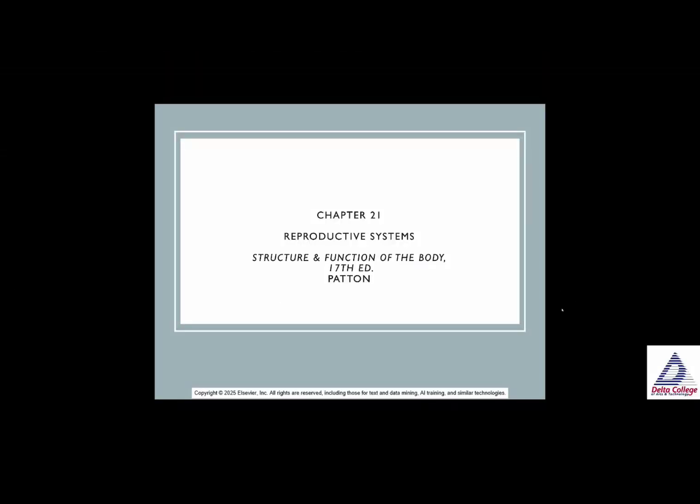Hello, class. Today we're going to be going over Chapter 21, Reproductive Systems. The reproductive system of each parent produces the reproductive cells called gametes, needed to form the offspring.